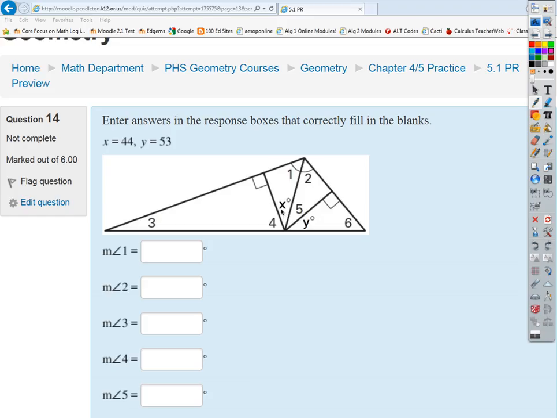If x is 44 and y is 53, well, that's not enough really to kick us free, well, I guess it actually is. We know a couple things. If that's a right angle, isn't that a right angle? So I should be able to know what angle 1 is, shouldn't I? And if I know 1, I know 2, and then it just starts to snowball and things fill in in a hurry. Make sense? Okay, good.